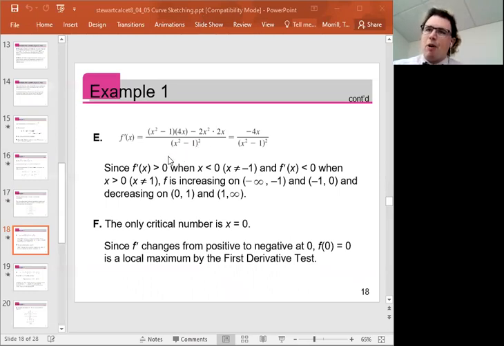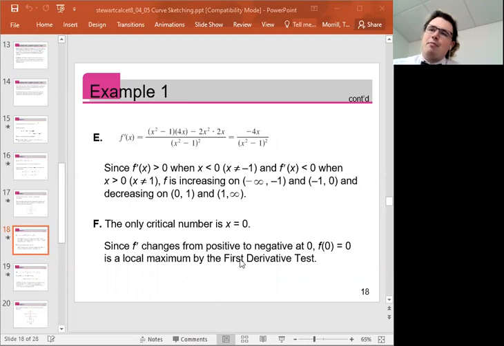So if I want to have a positive derivative, then x has to be a negative number. And if I want a negative derivative, then x has to be a positive number, right? That denominator is always positive anyway. So the only thing that's determining the sign of this derivative, plus or minus, is whether or not x is a positive number or a negative number.